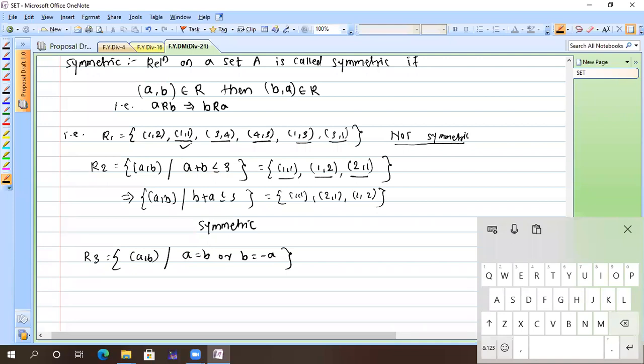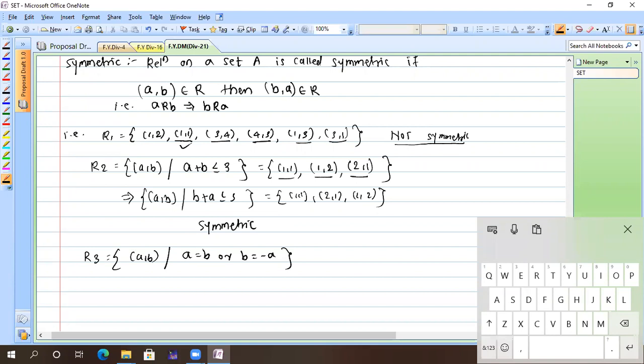It's non-symmetric? It is symmetric. Why is it symmetric? Sir, because if A is equal to B, then B is equal to A.